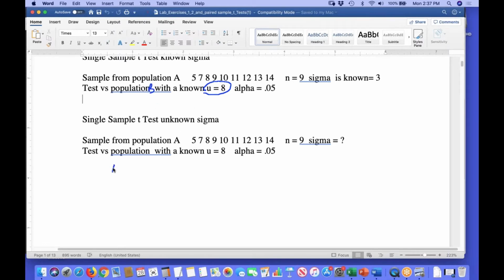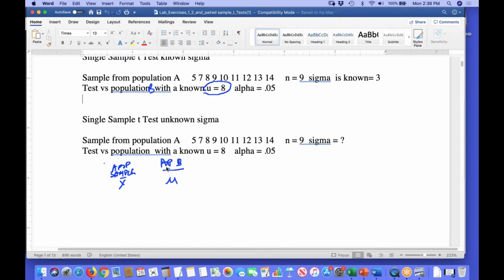So I have population A, for which I'm working with a sample, so I can find X bar, the sample mean, and population B, where I know what mu is. I know what the mean of that population is. So how can I show that the true mean of population A, not the sample mean, is different than the true mean of population B?